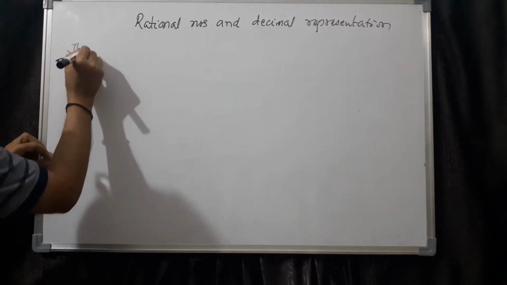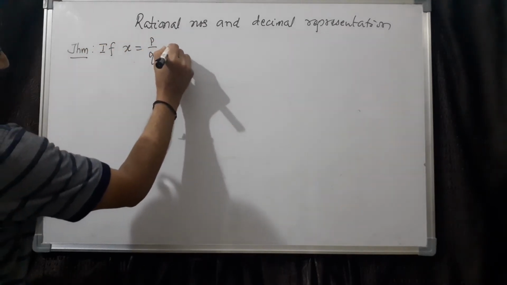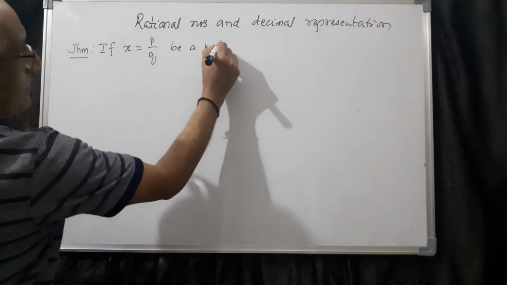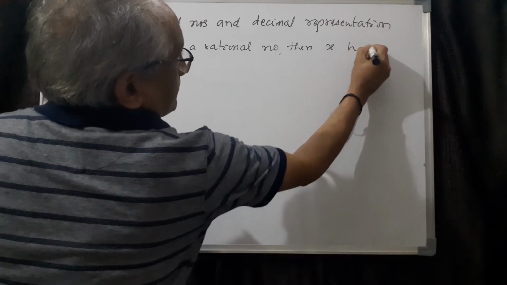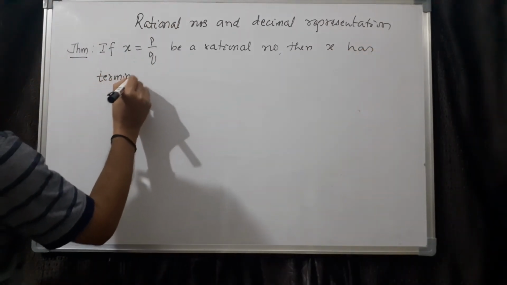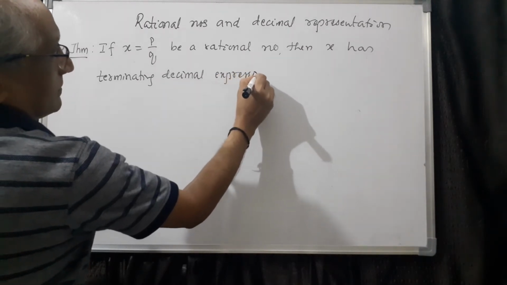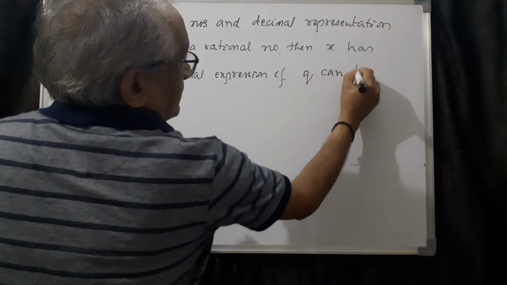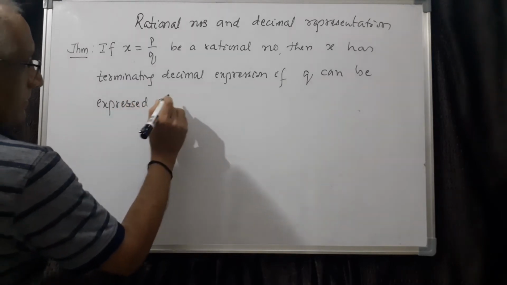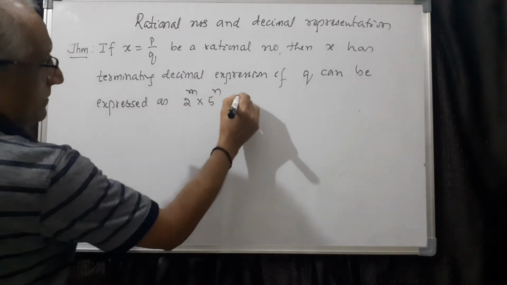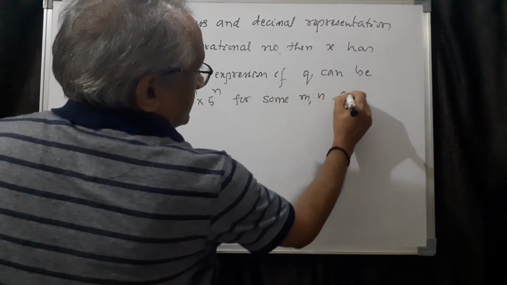Theorem 1: if x equal to p by q is a rational number, then x has a terminating decimal expression if q can be expressed as 2 power m into 5 power n for some positive integers m and n.